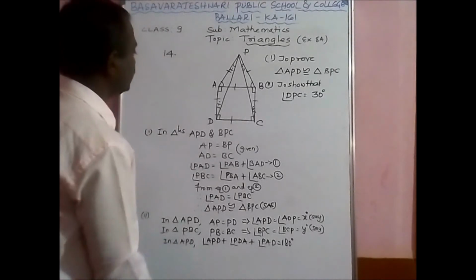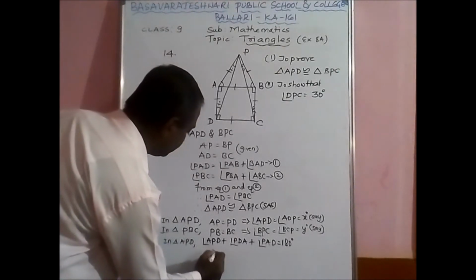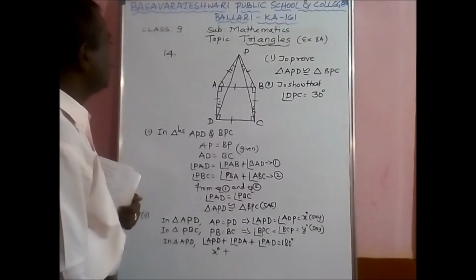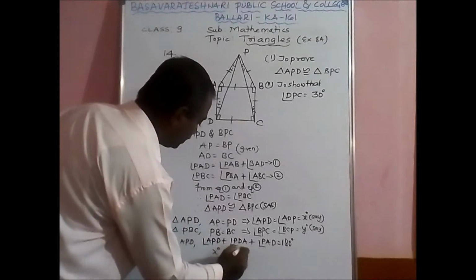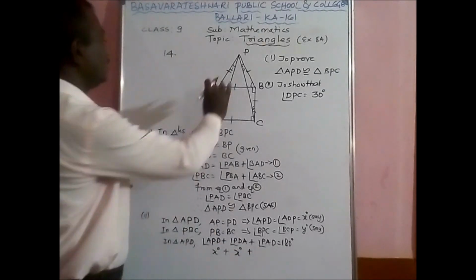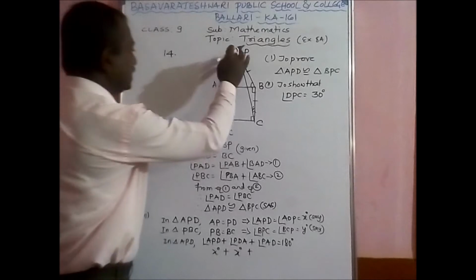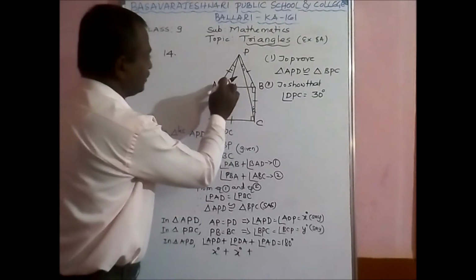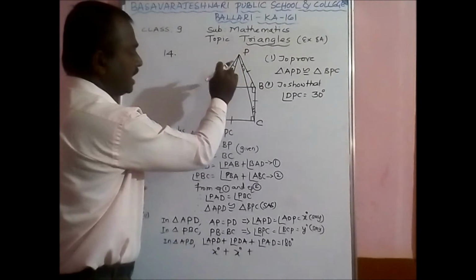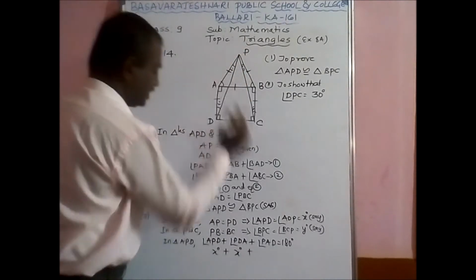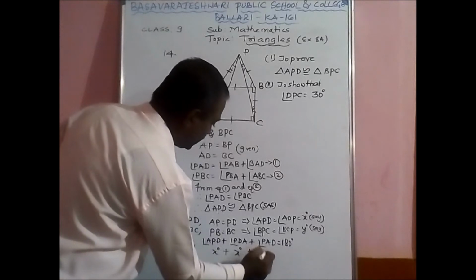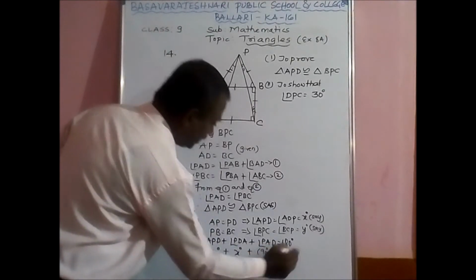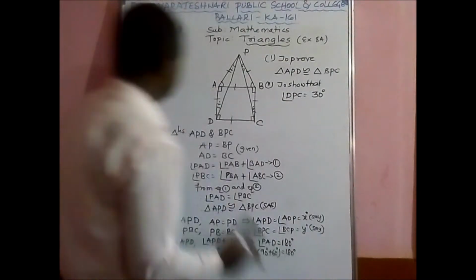Angle APD how much? X degree, plus angle PDA how much? X degree, plus angle PAD, which includes two angles here, one is angle PAB plus angle BAD. I will add directly, since it is an equilateral triangle, all the angles are equal to 60 degrees. 60 plus 90, so this is nothing but 90 degrees plus 60 degrees is equal to 150.